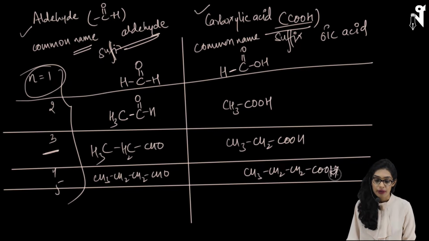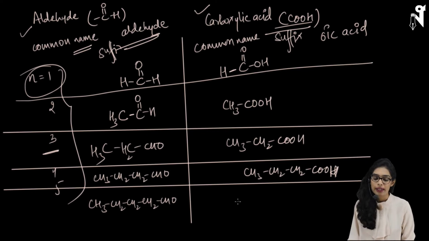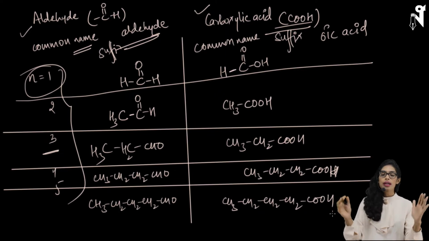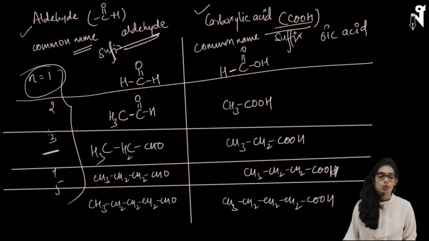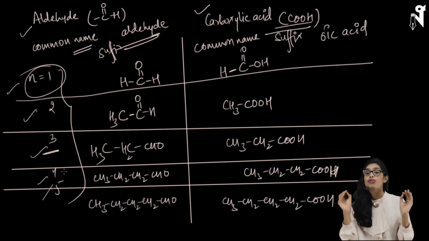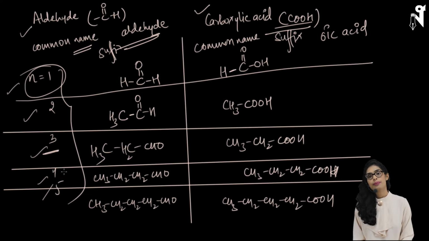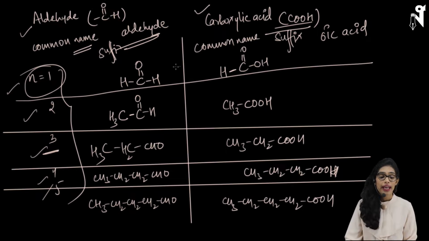Then CH3, CH2, CH2, CH2, CHO, and again over here CH3, CH2, CH2, CH2, COOH. Very bad handwriting I have. So these are the chains when you have n is 1, n is 2, n is 3, n is 4, and n is 5. n represents nothing else but the number of carbons present in the compound. Okay. Now, depending upon the n over here, we have some common names. For n equal to 1, let me just write it over here.